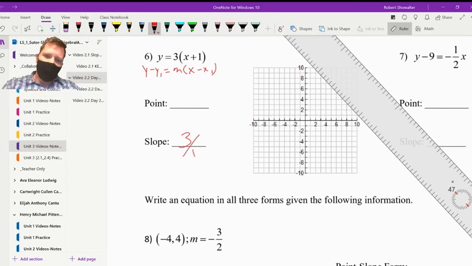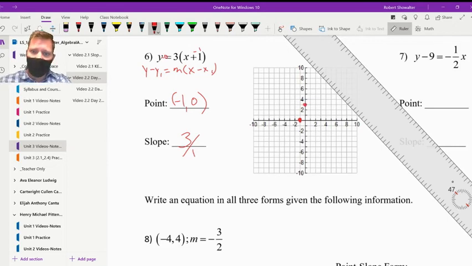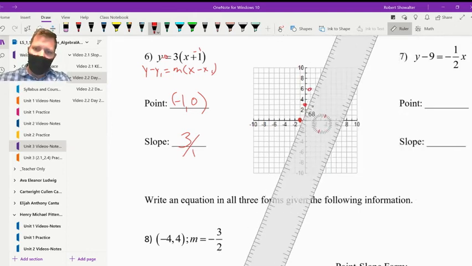Or we can read the point: the x-coordinate would be -1, and the y-coordinate is not written there, but it's 0, because y minus 0 is just y. Now we have a new starting point, -1, 0. We use our slope from that, 1, 2, 3 to the right, up 1, 2, 3. And we go ahead and graph this.